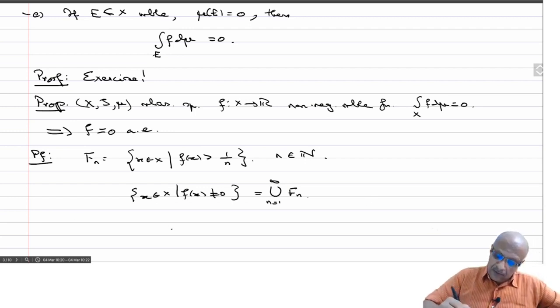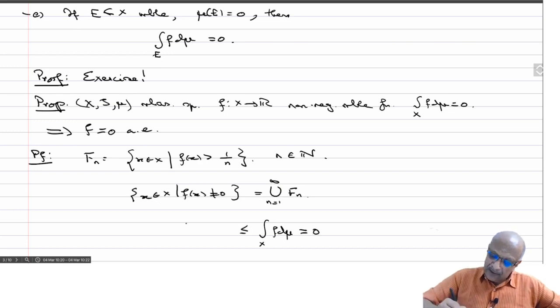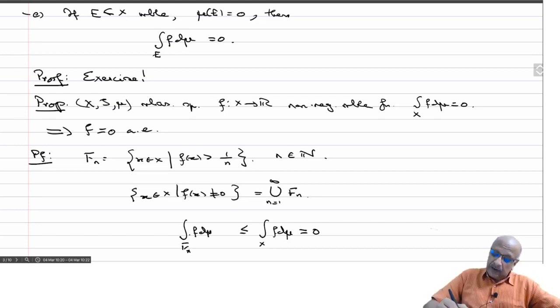Now if you take the integral of f d mu, this is given to be 0, but that's greater than or equal to the integral over F_n of f d mu by one of the properties which we proved earlier, and on F_n this is bigger than or equal to the constant 1/n, so this is bigger than or equal to (1/n) mu of F_n.